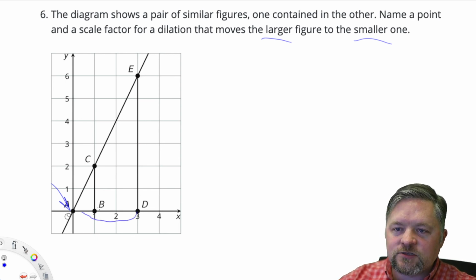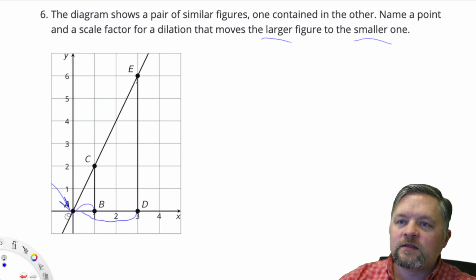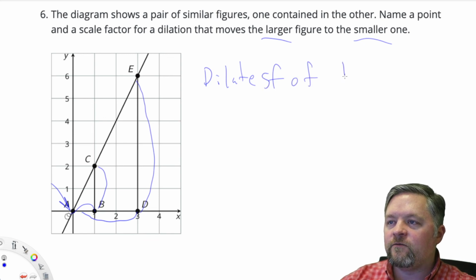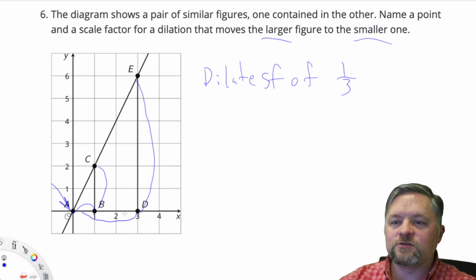Well, this distance was 3 and became 1. This distance was 1, 2, 3, 4, 6 and became 2. What do you multiply 6 by to become 2? What do you multiply 3 by to become 1? We want to dilate with a scale factor of 1/3, because 1/3 is what you do to turn 3 into 1 or 6 into 2.